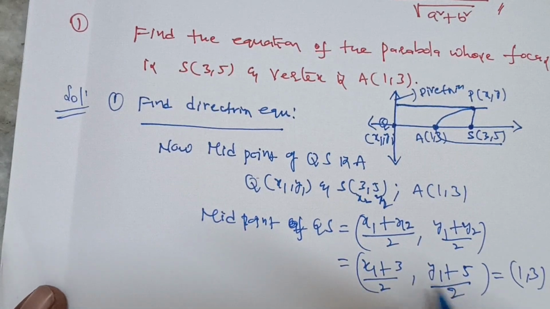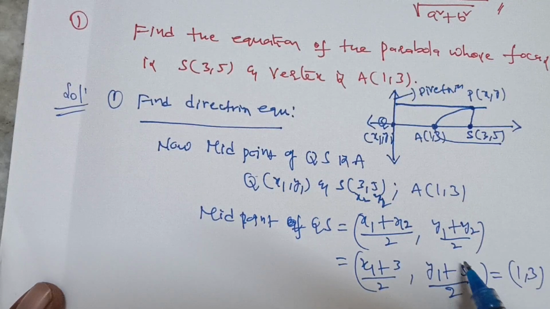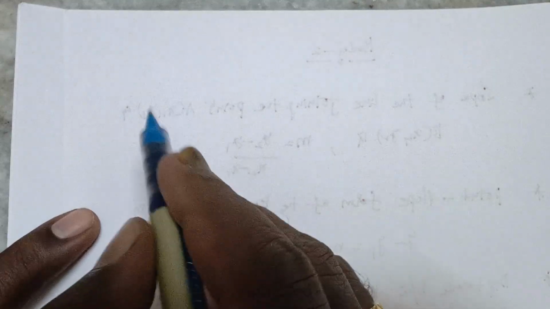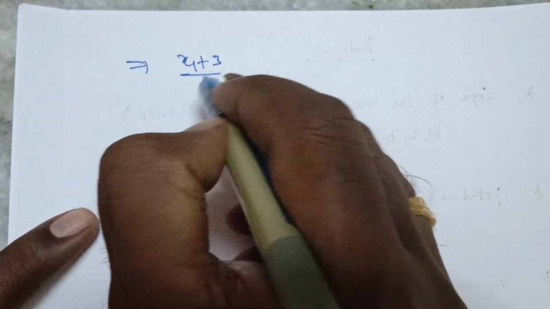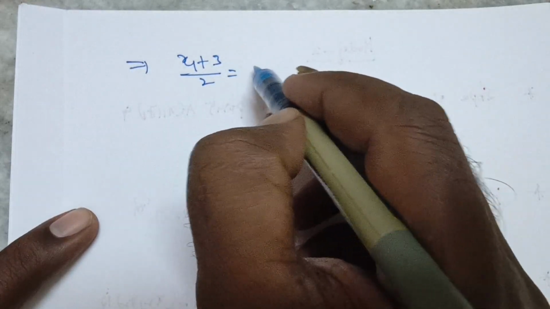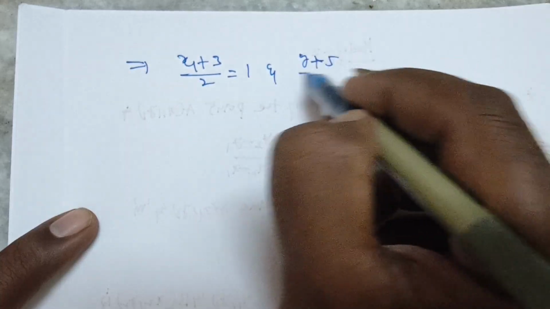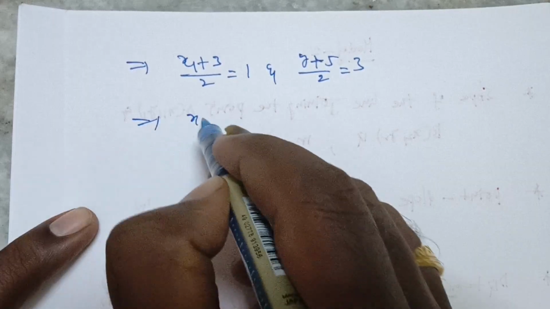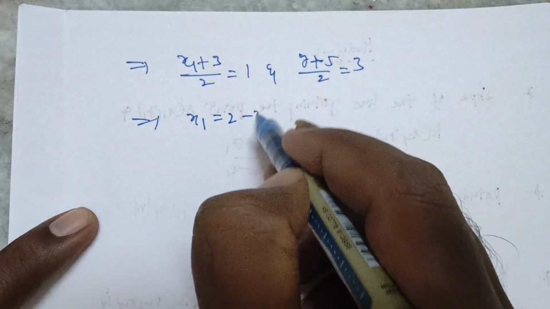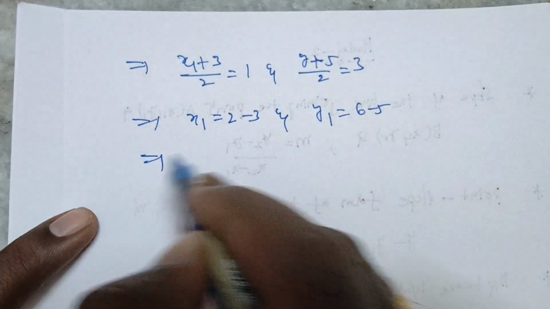So to find x1, y1, we need to equate the first coordinate to the first coordinate and the second coordinate to the second coordinate here. That implies (x1 plus 3) by 2 equals 1 and (y1 plus 5) by 2 equals 3. So from this, x1 equals 2 minus 3 and y1 equals 6 minus 5.